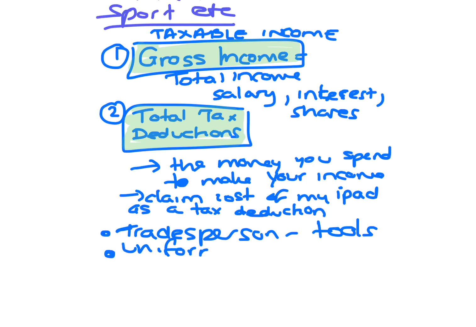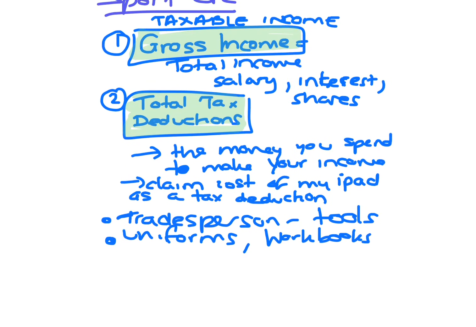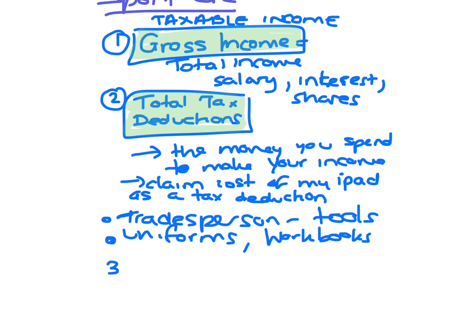Uniforms, if you're a chef and you had uniforms, or you had to get certain work boots for your work environment that the company isn't paying for. Why would you want to add up all the money that you spend to earn your income? Well, the main reason is so that you don't get taxed on it.